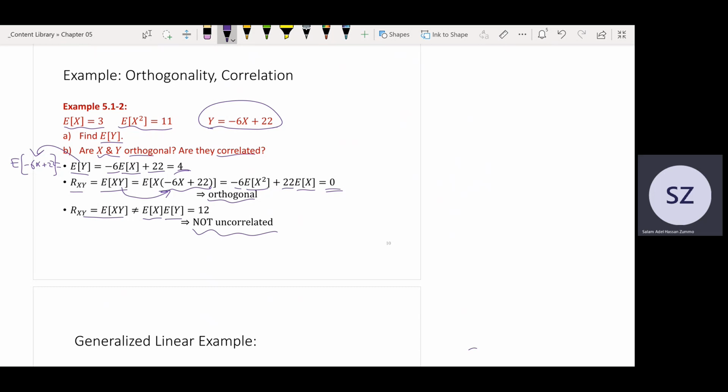So you cannot imagine that you have x and y being uncorrelated, because y depends on x. If x is large, y is large negative. If x is small, y is small. So clearly x is related to y through a very direct relationship. So without understanding anything about the correlation, just from this relationship, we know that y and x cannot be uncorrelated.